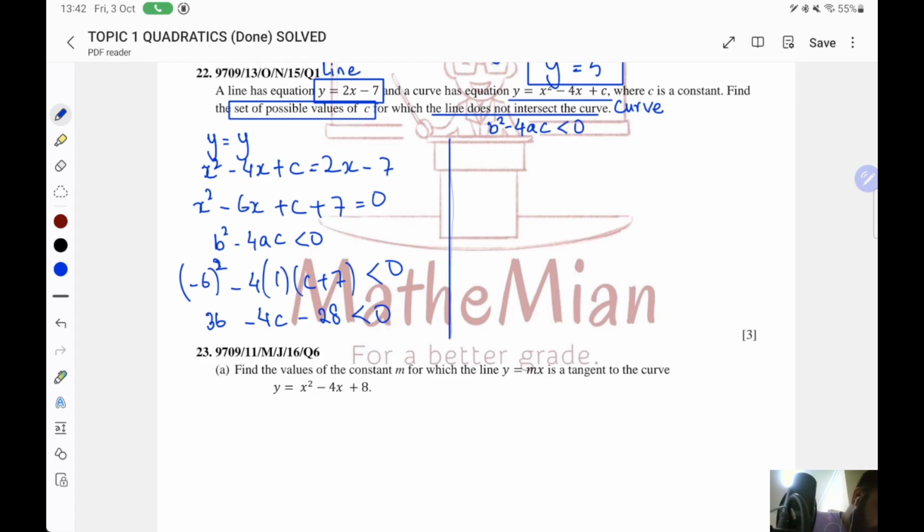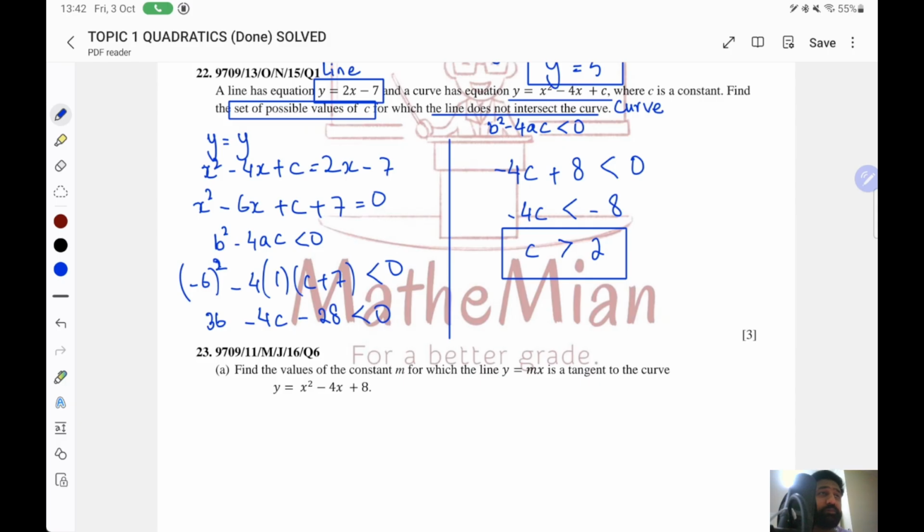If you simplify, it will be 8 minus 4c less than 0, so 4c is greater than 8, so the value of c will be greater than 2. Because of the negative sign, the inequality sign changes itself.